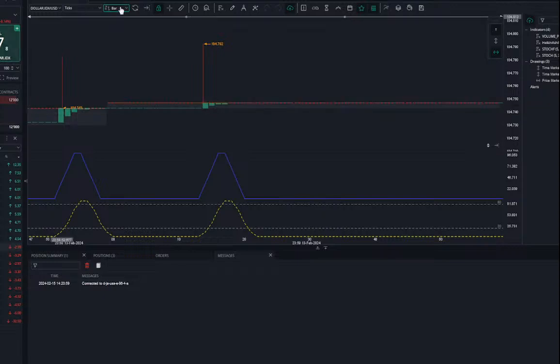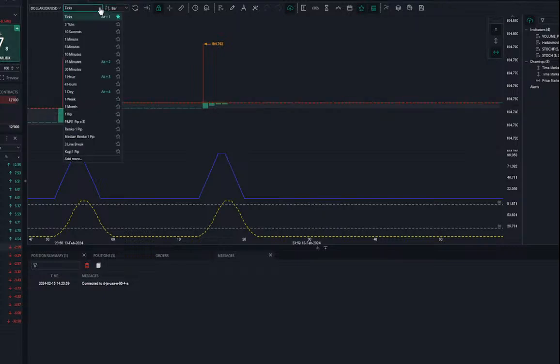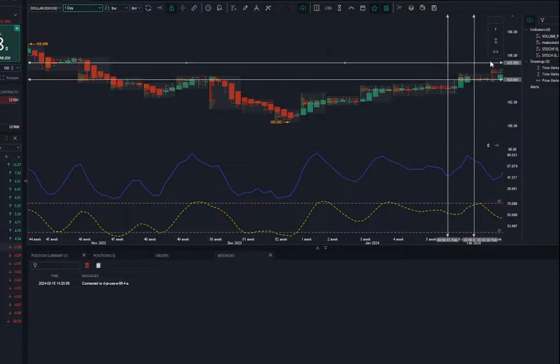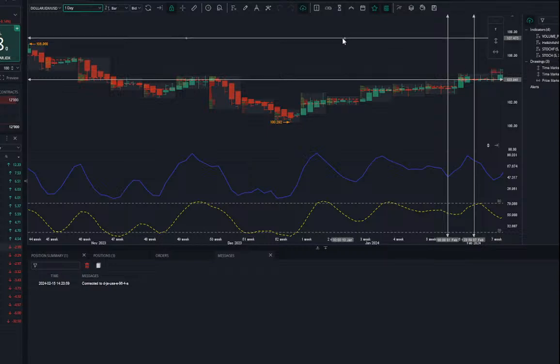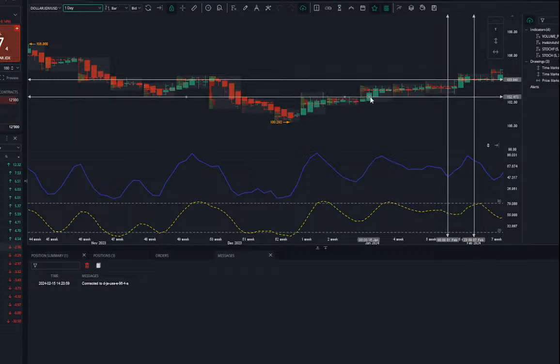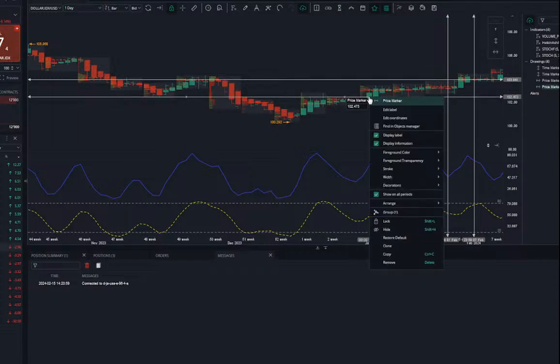No, that didn't do it. Oh, it's in ticks. That's what it is. All right, let's get it over to daily like that. There we are. And you can see right there, what did I show the high of? We saw it on here yesterday. Since it's in the Heikin-Ashi situation, let's see if we can turn off the Heikin-Ashi for a second. Let's see, where is it at?